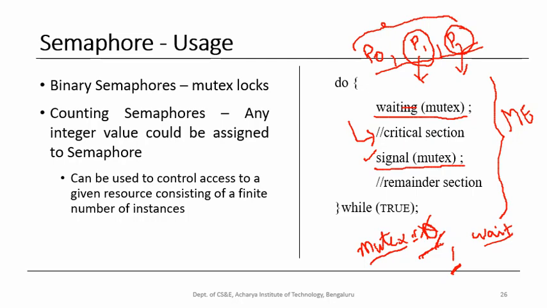Only then this process which is stuck in the loop now sees mutex as 1. That means it has a value which is higher than 0. So that's when it makes its value 0 and enters into the critical section. That's how you can make use of a binary semaphore for process synchronization, or synchronizing the execution of multiple processes.